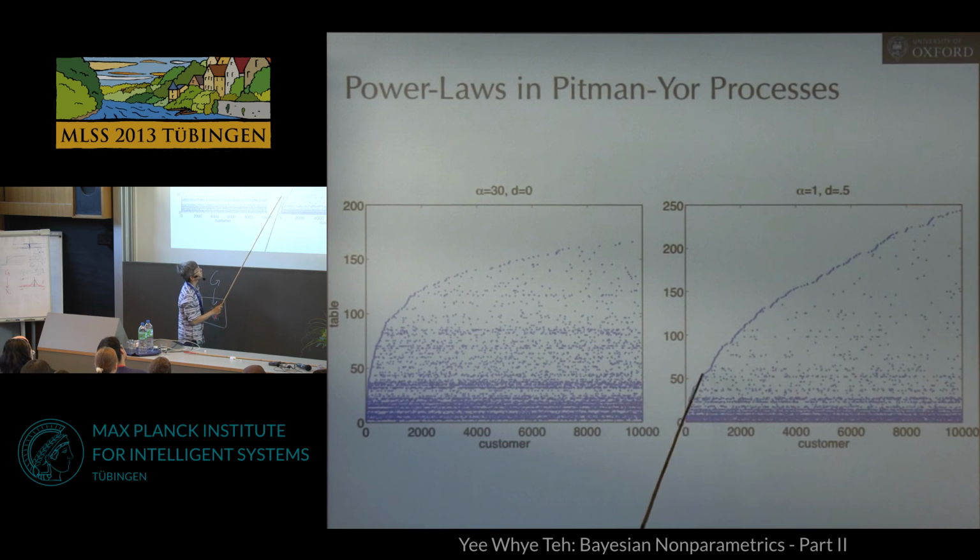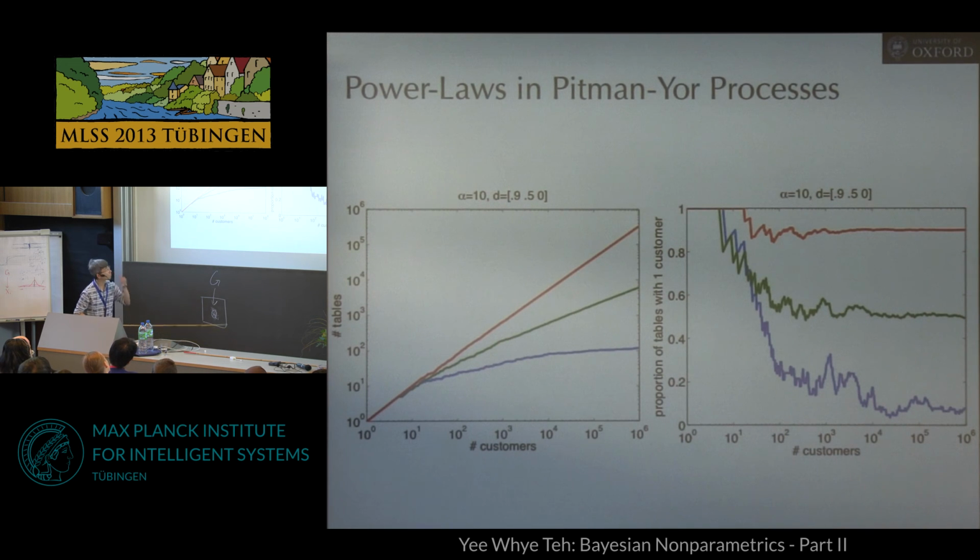You can see the slope is not decreasing as quickly as in the Dirichlet process case. Of course, it's a generalization of the Dirichlet process because when d equals 0, we just get back to the original one-parameter case.